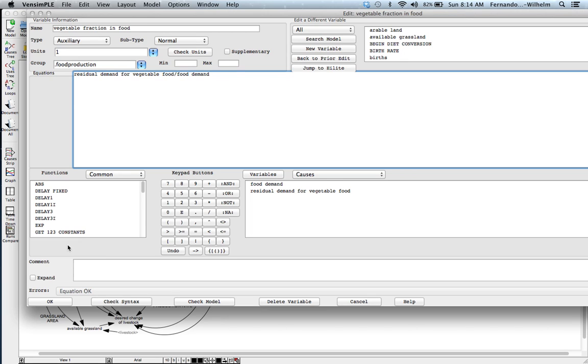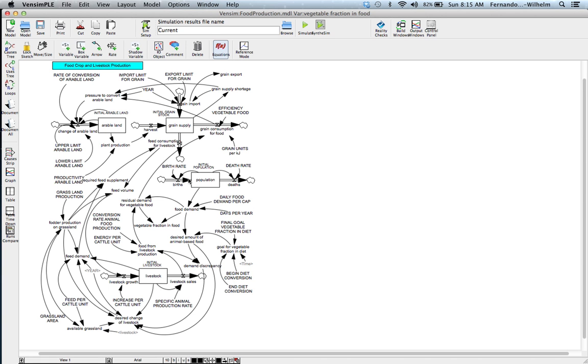So this ratio tells you the fraction of food that originated from vegetables. This is the fraction that you want to bring up. Now let's look at how this residual demand is computed, because that takes us to the livestock.